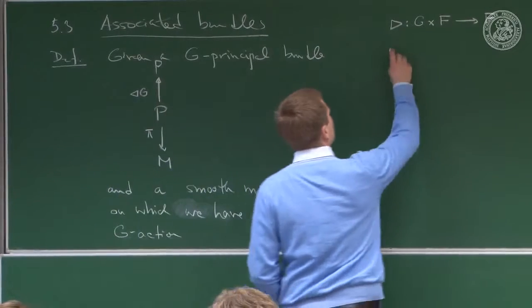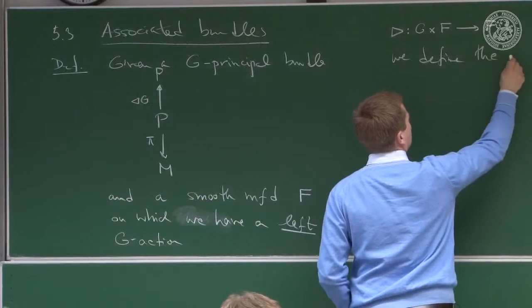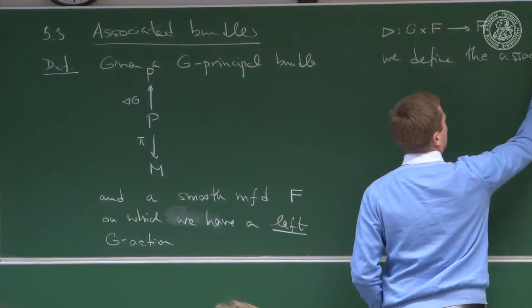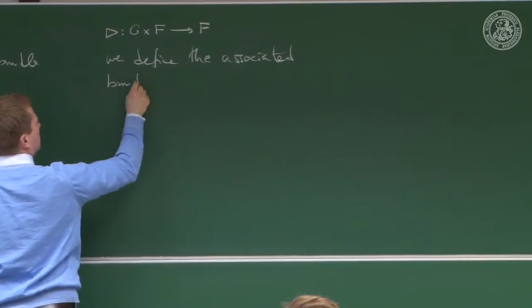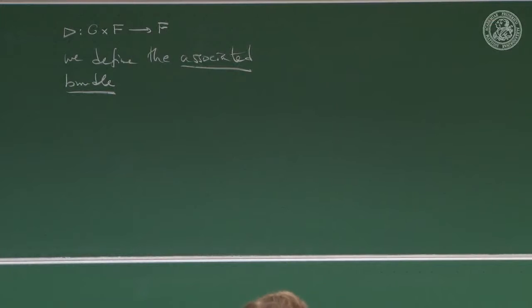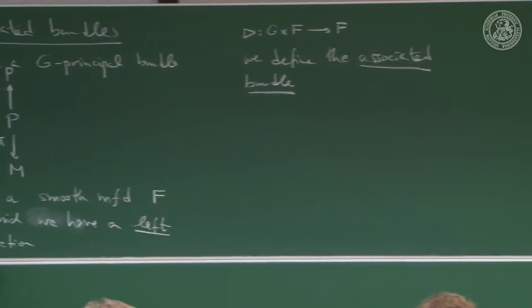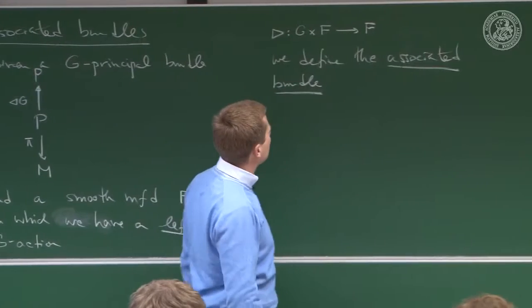We define the associated bundle, and so obviously whatever we're going to define will depend on the data given by the G principal bundle, by the choice of the smooth manifold F, and by the choice of the left G action written like this.